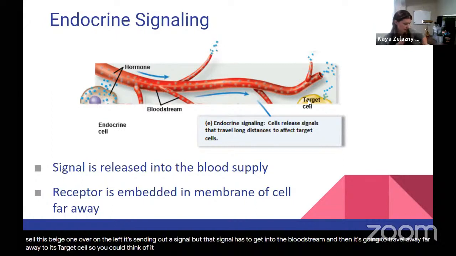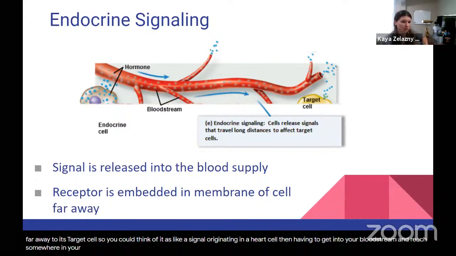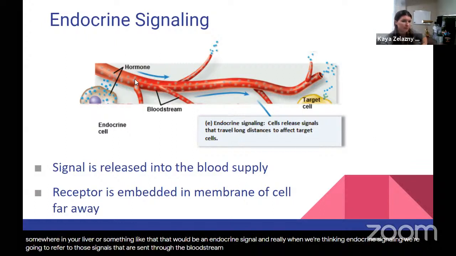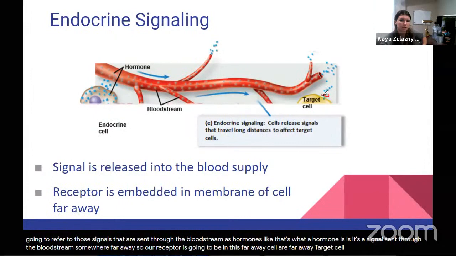You could think of it as a signal originating in a heart cell, then having to get into your bloodstream and reach somewhere in your liver or something like that. That would be an endocrine signal. When we're thinking endocrine signaling, we refer to those signals that are sent through the bloodstream as hormones. That's what a hormone is: a signal sent through the bloodstream somewhere far away. So our receptor is going to be in this faraway target cell, somewhere else.